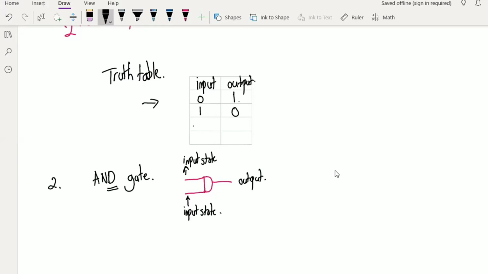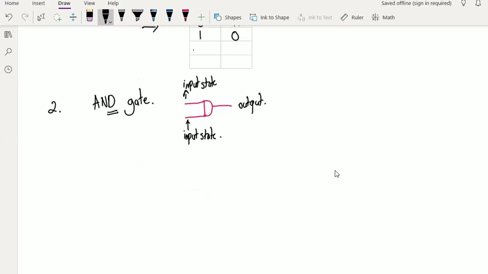What does this mean? It means that the AND gate will be taking two inputs, processing it, and turning it into one output. We can represent what the possible outputs are in a truth table once again. Before we construct our truth table, we have to know the possible combinations, and that is given by the formula we mentioned earlier, 2 to the power of n.